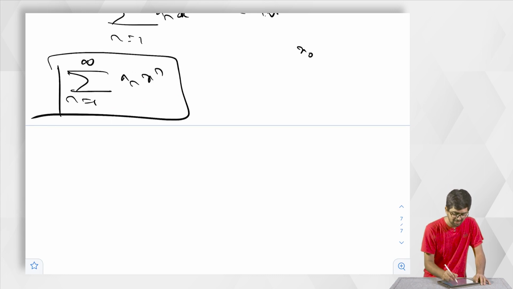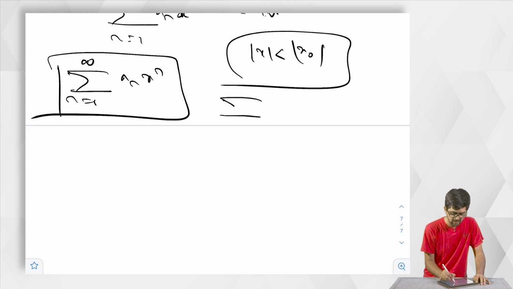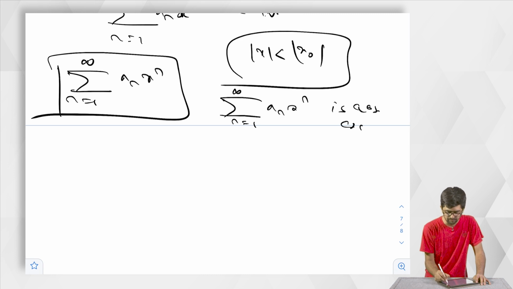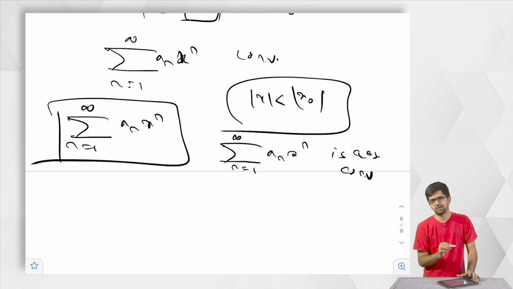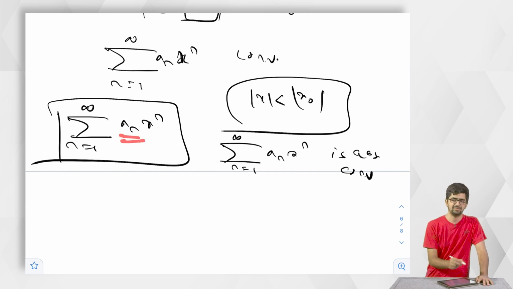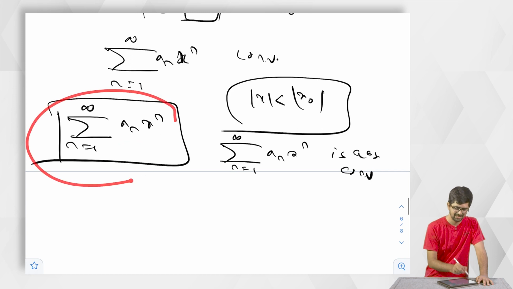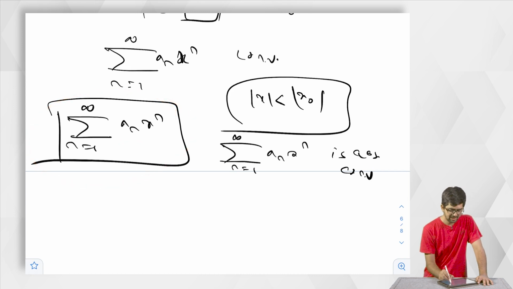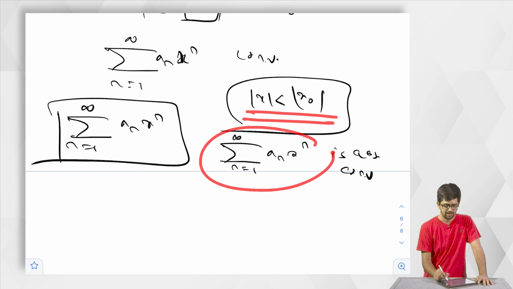Then what we know is that for any x with mod x less than mod x0, summation a_n x^n is convergent, absolute convergence anyway. So that is about the convergence of power series. Once I have a sequence a_n and there is some x so that this is convergent, then for any x with this property, there is absolute convergence.